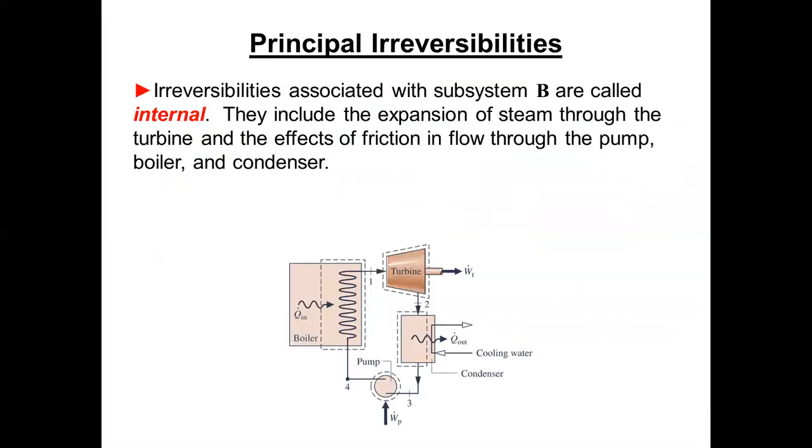Okay, so irreversibilities associated with B are internal. We mentioned that. They include expansion of steam through the turbine and the effects of friction and flow through the pump, boiler, and condenser. And I think we could click back up to the very first couple of slides in the presentation on the actual cycles at Kingston.